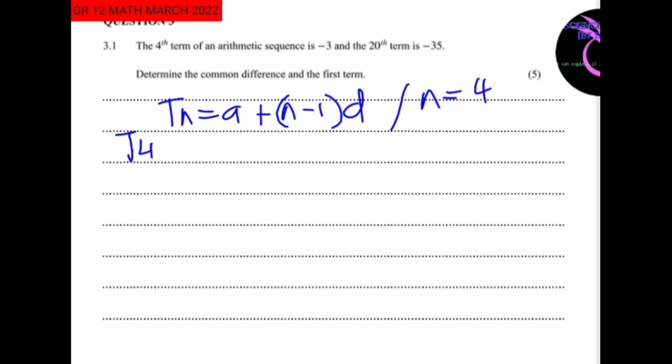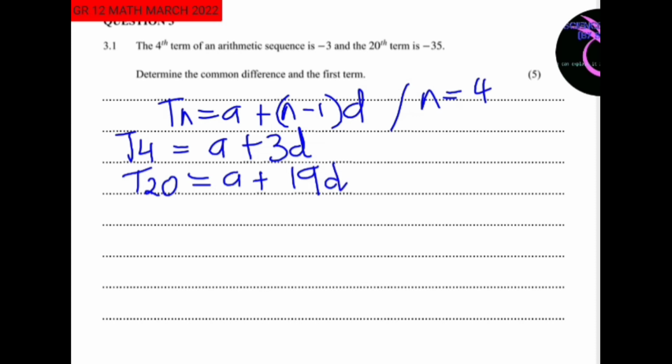So basically T4 is equal to A plus 3D, and T20 must be equal to A plus 19D. We already know the values: T4 is minus 3 and T20 is minus 35.